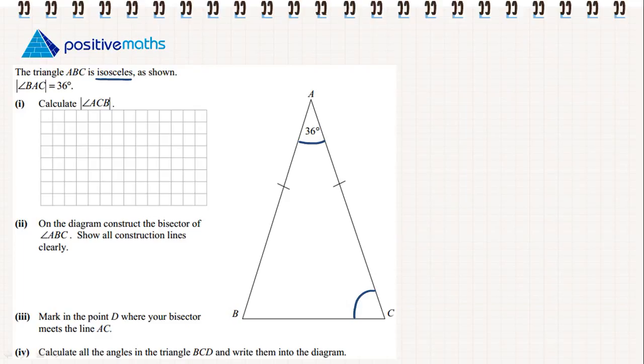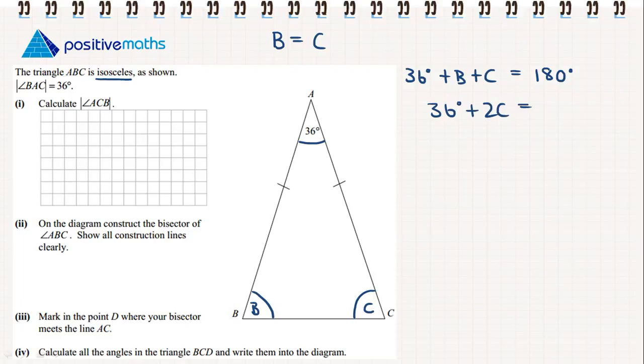I'm going to call this angle C, and I'm going to call this angle B. We know that 36 degrees plus B plus C is equal to 180 degrees. Because this triangle is isosceles, the angle B is equal to the angle C. So therefore 36 degrees plus 2C is equal to 180 degrees.